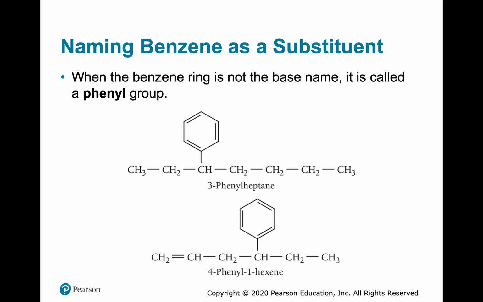Now, what do you do here with hexane? Is this going to be 3-phenyl-5-hexene? No, the alkene has higher priority. So the hexene has the ene on the first carbon.